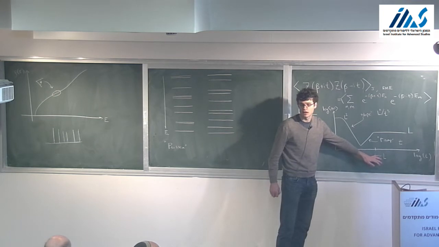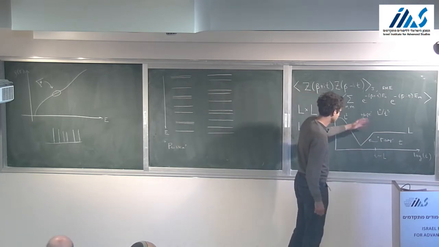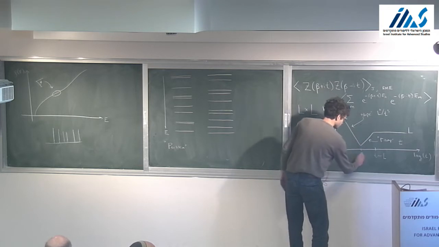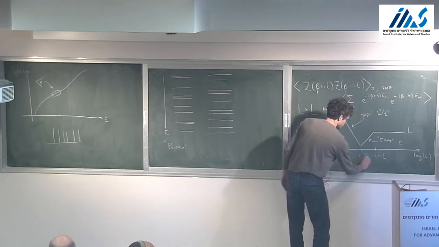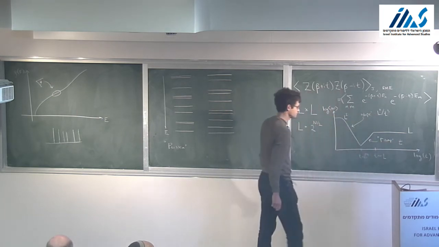So this time here is the Heisenberg time that was discussed by Jose in his lecture yesterday. The intersection here between the slope and the ramp is less interesting, but you can work out that it's t of order square root of L from setting these two expressions equal to each other.